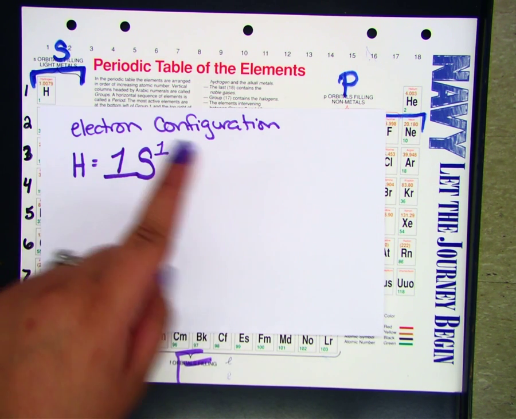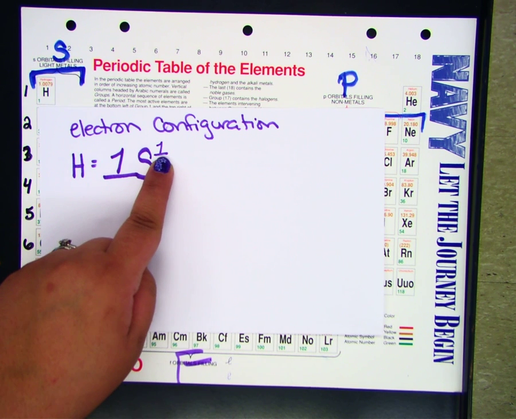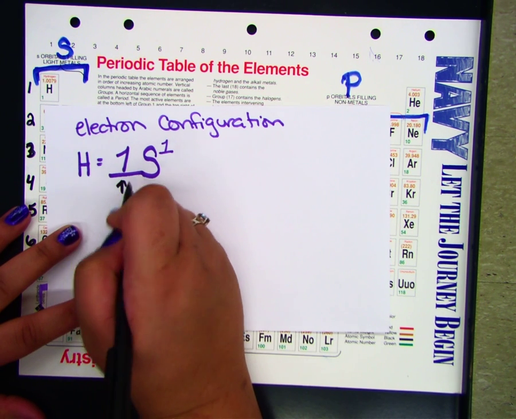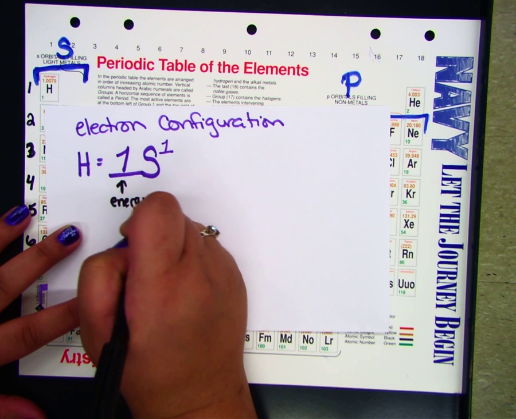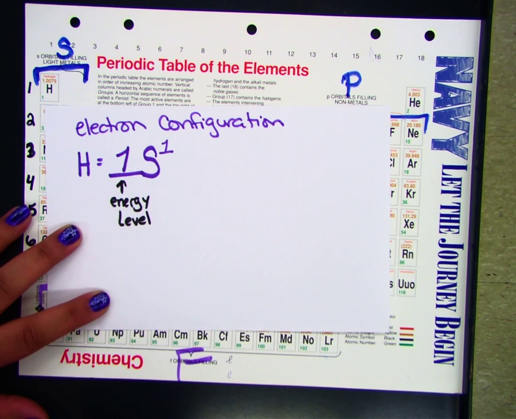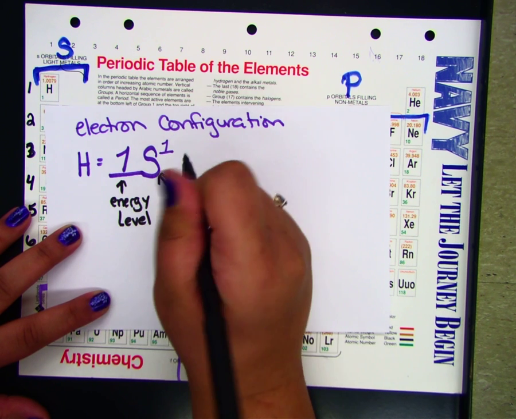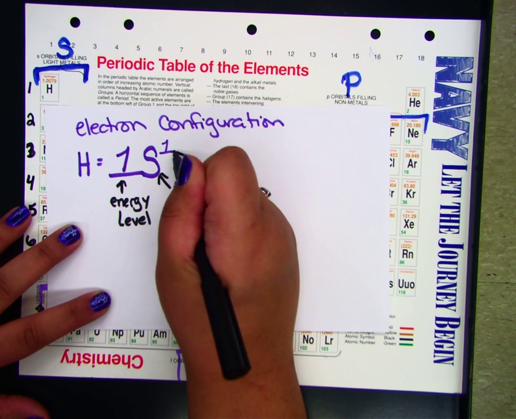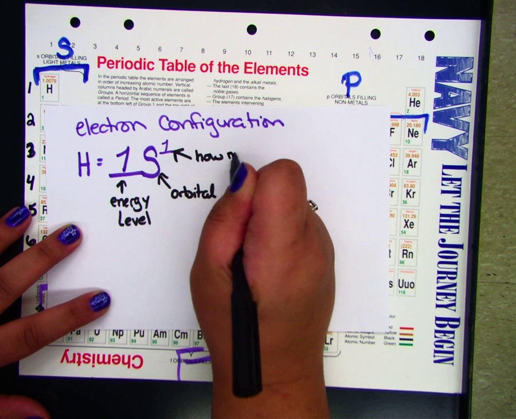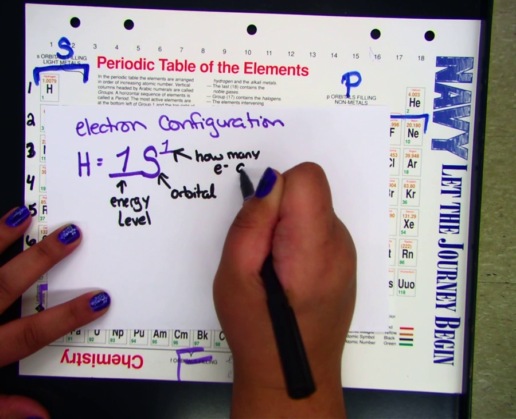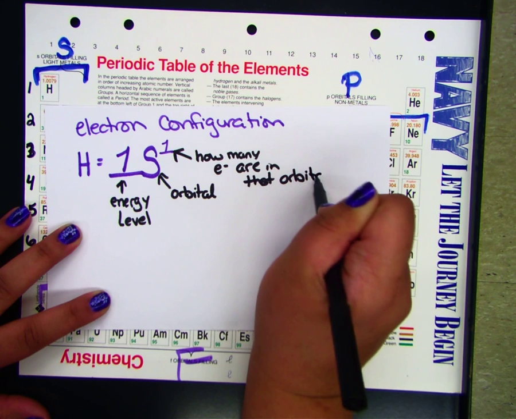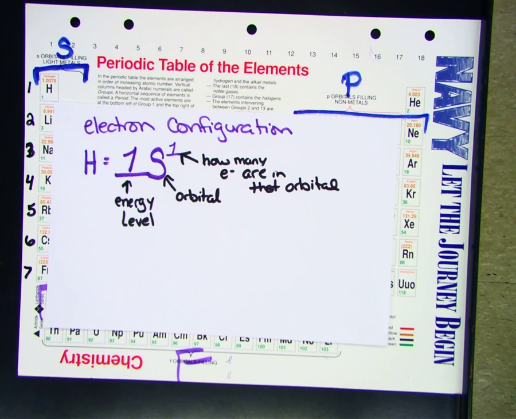Think about it. Hydrogen has how many protons? 1. So it has to have how many electrons? 1. How many electrons does it have? 1. That's how you check your answer. So in an electron configuration, the big number is energy level. The letter tells you the orbital. And the superscript tells you how many electrons are in that orbital.